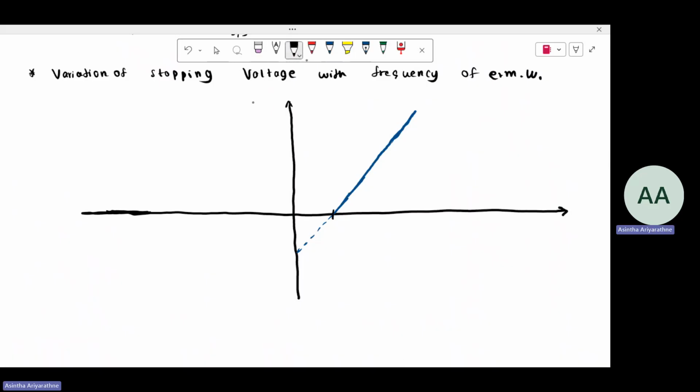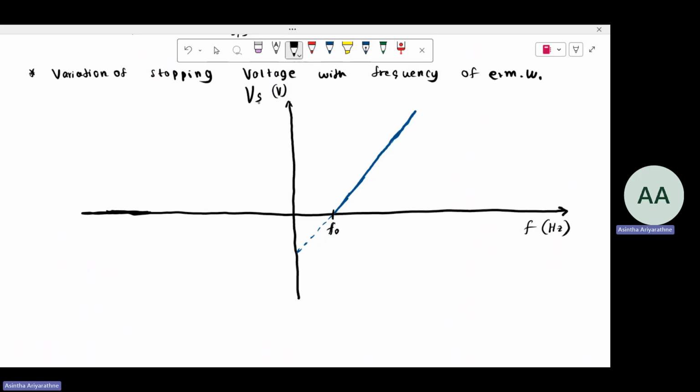This is the stopping voltage plotted against frequency in hertz. That's what is called f naught, the threshold frequency, right? So there is a minimum frequency. Threshold frequency is the frequency at which the stopping voltage is zero.